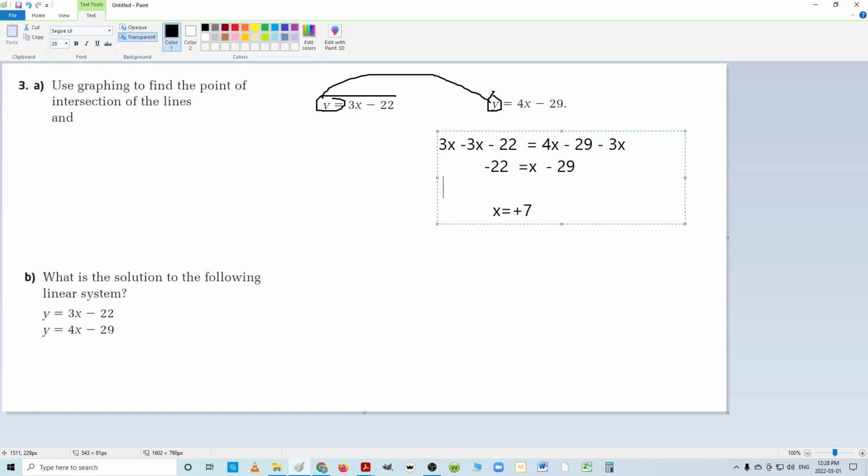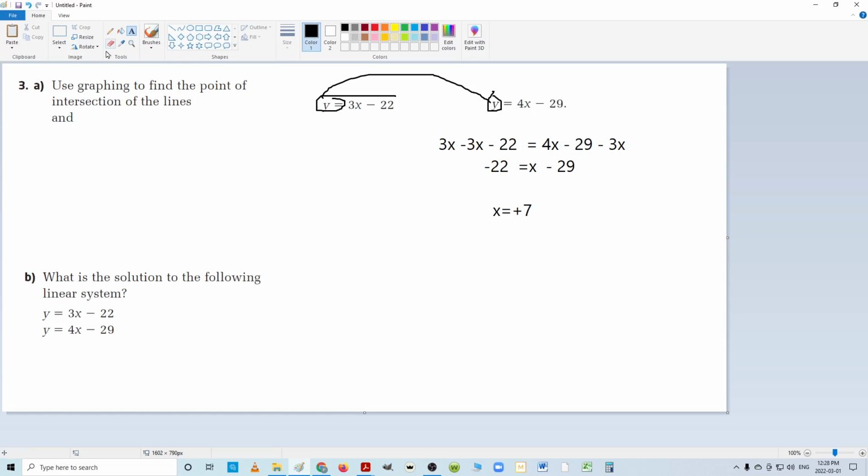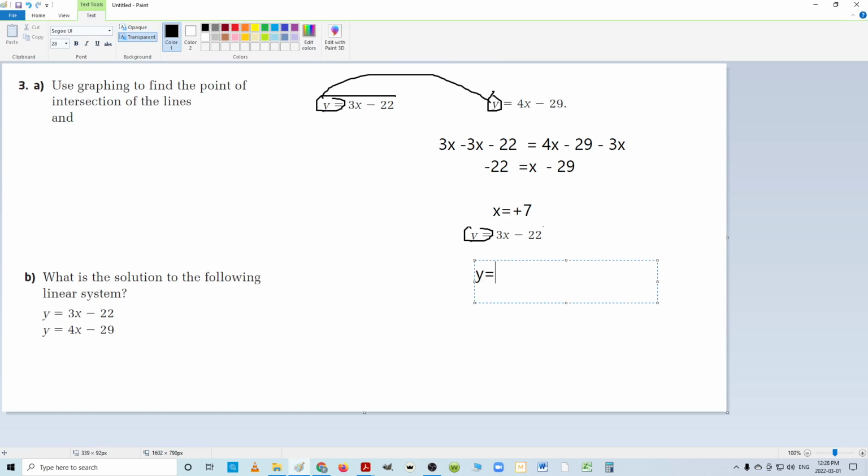Well, that's only good for half my equation. Now I know what x is, but I don't know what my y is. Well, you can take any equation, and where I see x, this is a form of substitution as well. I will put in plus 7. So I get y is equal to 3 times 7 minus 22, which is 21, minus 22. Which number's bigger?